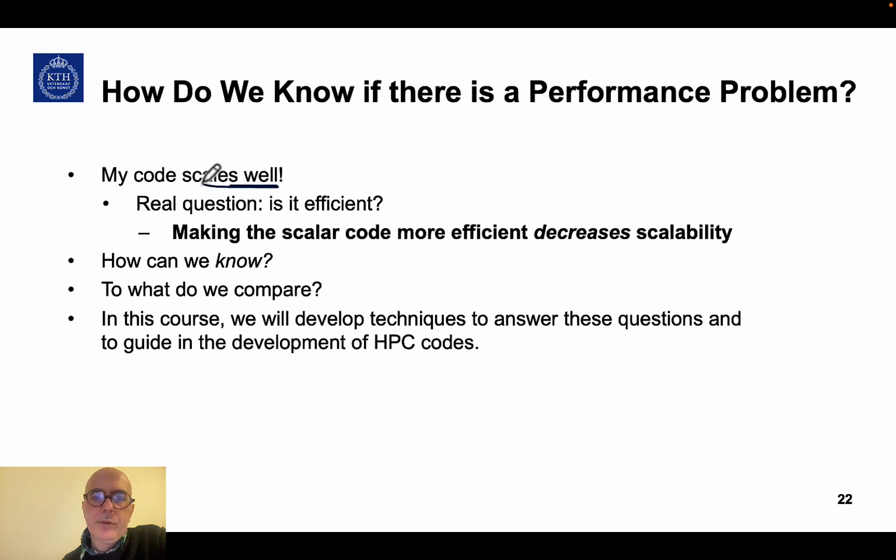So the real question that I have for you is, is it really efficient? And how do you know that? How can you tell me that the code is efficient? So my question will be, how do we know? How do we compare? And in this course, we will develop techniques to answer this question and to guide you in the development of HPC codes.